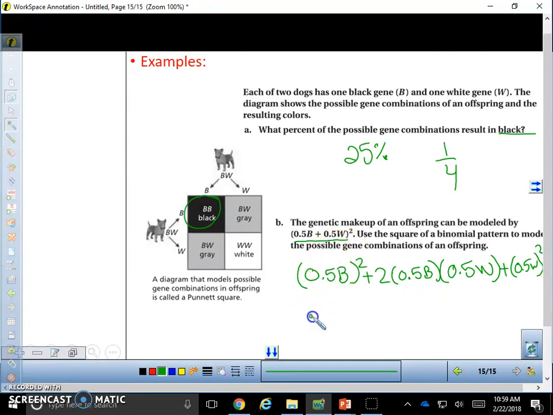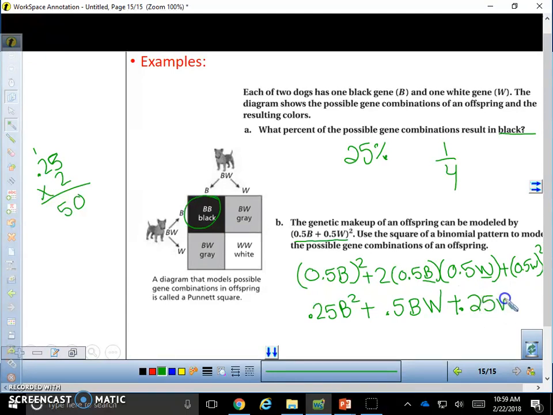0.5 times 0.5 is 0.25 b squared plus 0.5 times 0.5 is 0.25. 0.25 times 2 is 0.5 BW, those have to still be there, plus 0.25W squared. Use a square of binomial pattern to model the possible gene combinations of offspring.